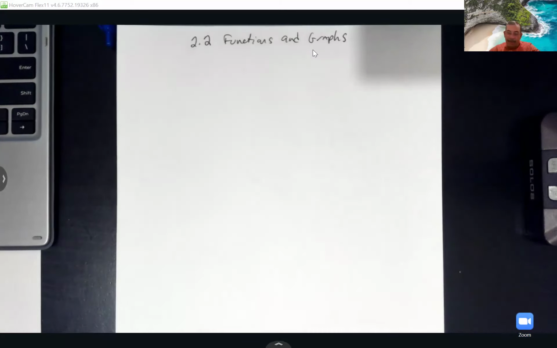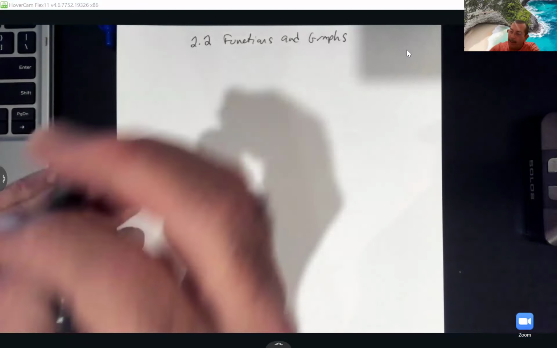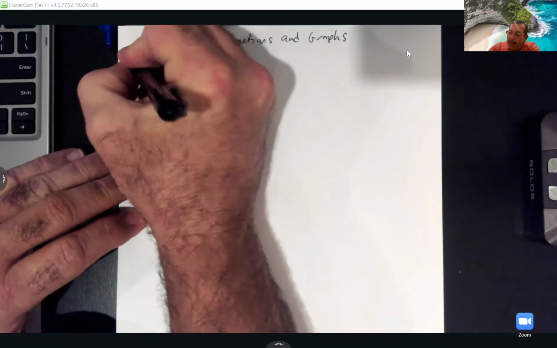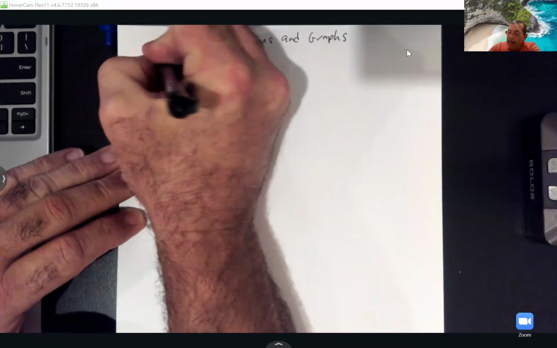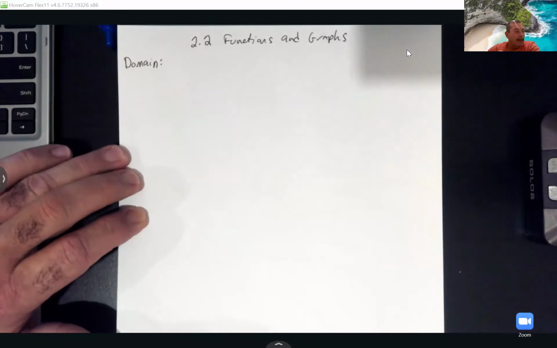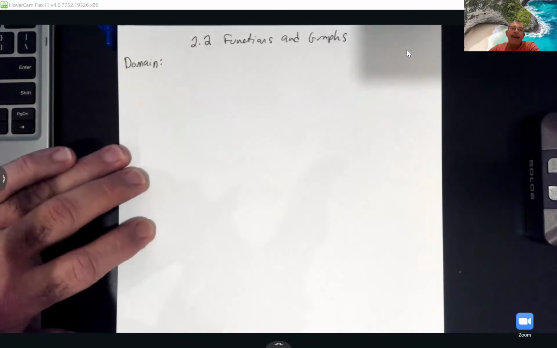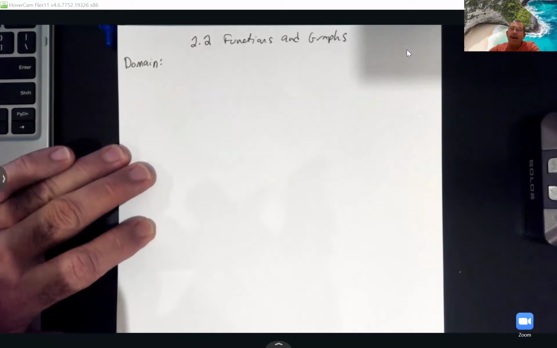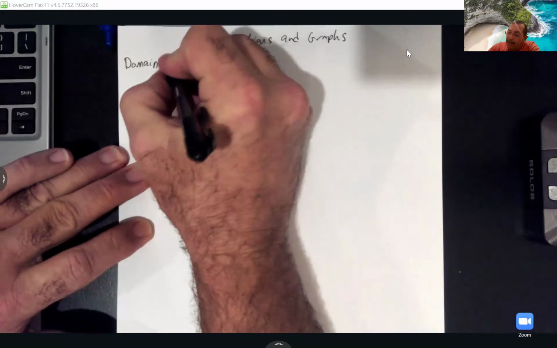All right, y'all. So first of all, I'll give us a few definitions and then we'll get into working some problems. So the first thing is our domain. So the domain is the set of all x values.